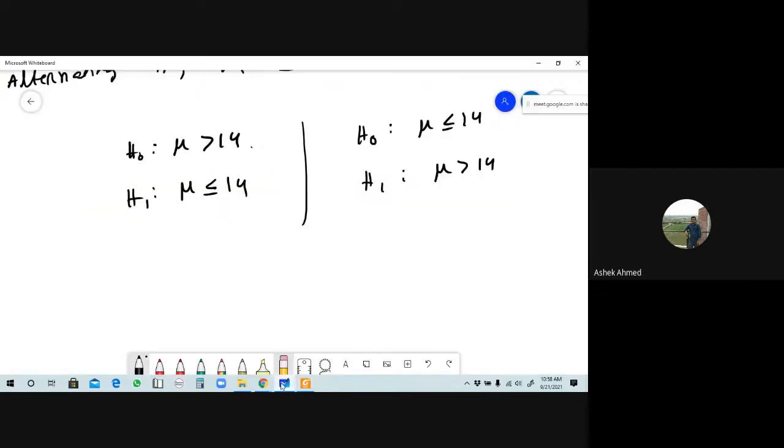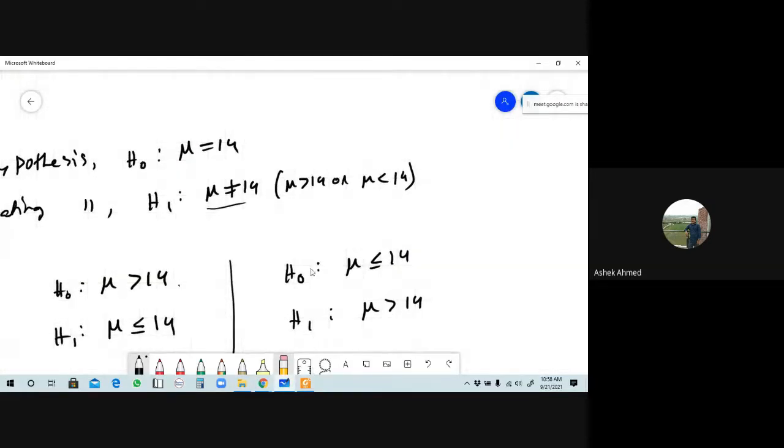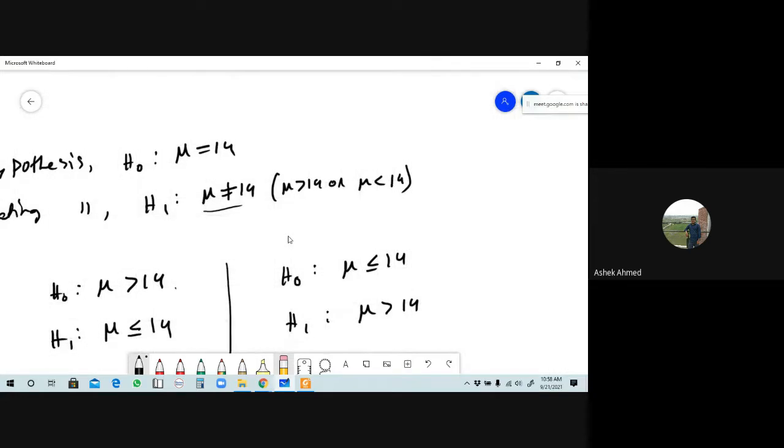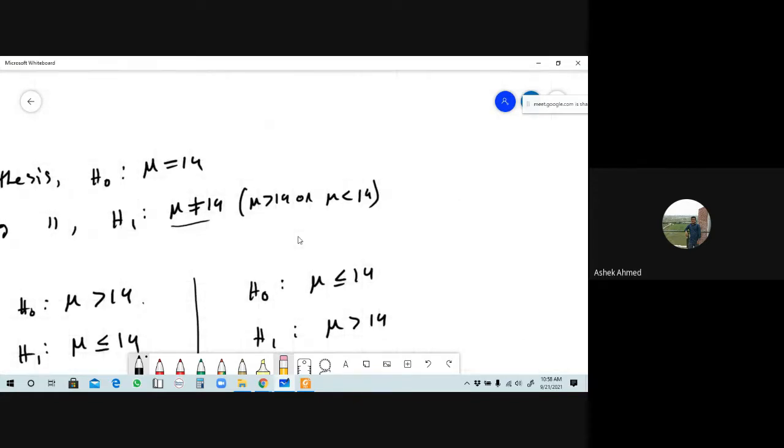So for that case there are two types of hypothesis, the null hypothesis and the alternate hypothesis. If you draw the graph of a normal distribution, and the value of mu is 14, we can say this value here is 14. This particular line divides the region into two parts.